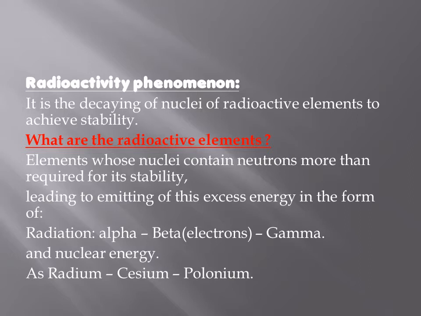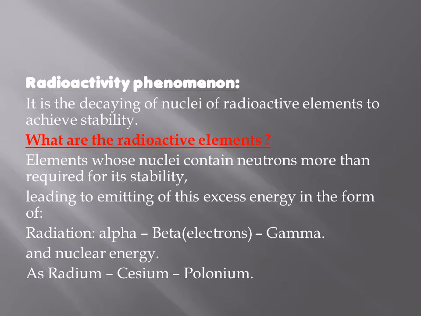We also said previously that there is something called the radioactivity phenomenon. Radioactivity is the decaying of nuclei of radioactive elements to achieve stability. We said that the nucleus of a radioactive element contains more neutrons than required for it to be stable.